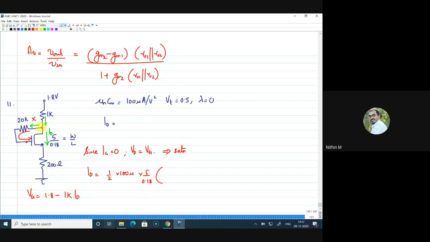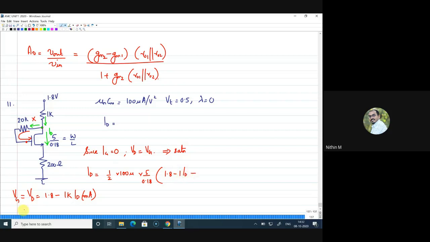This node can be written as 1.8 minus the drop across 1K, that is 1.8 minus 1K into ID, with ID in milliamps. So VG, which is the same as VD, is 1.8 minus 1 into ID.